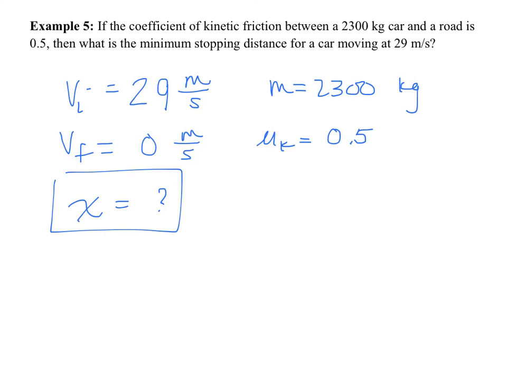I'm calling it X right now, because again, I'm moving in one direction only. So my X value and my D value will be the same. If I want to find X, like I did in the last problem, I'm going to probably have to use X equals VIT plus 1/2 AT squared. But the problem is that I don't have time. Okay? I don't have time. So let's find time.